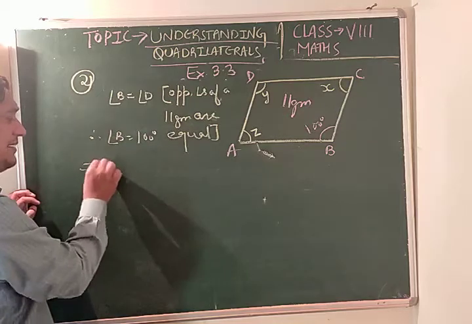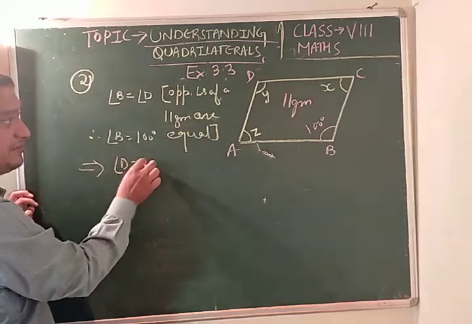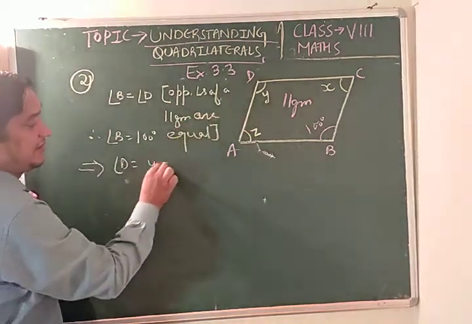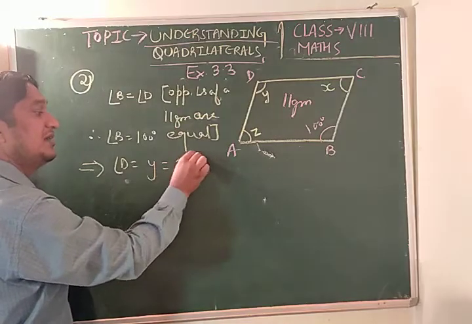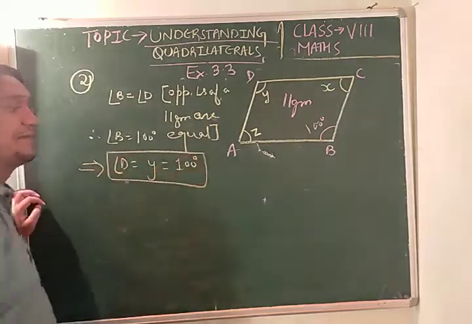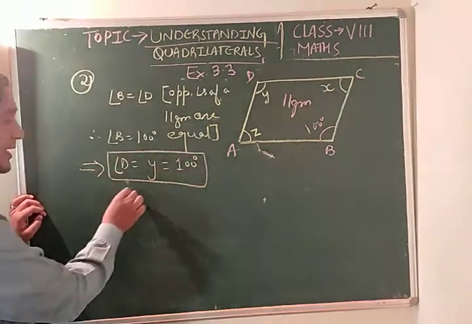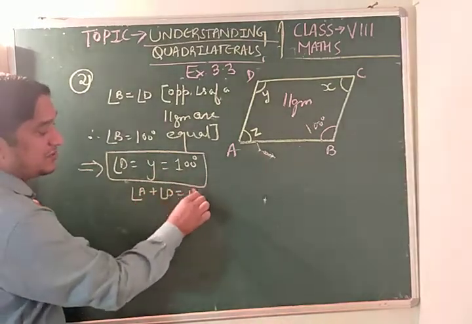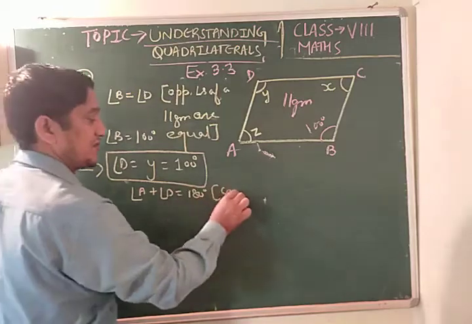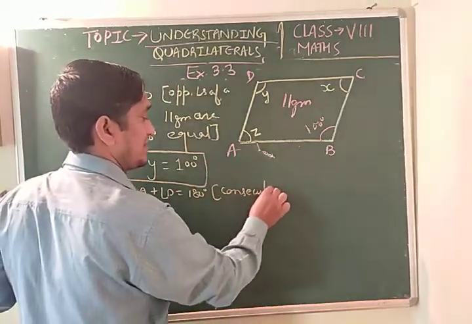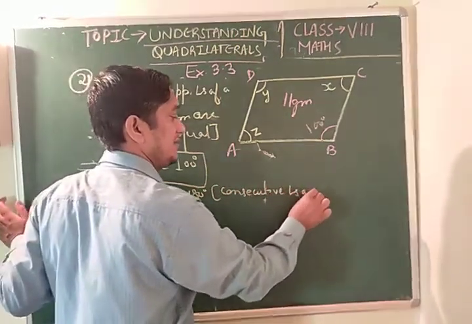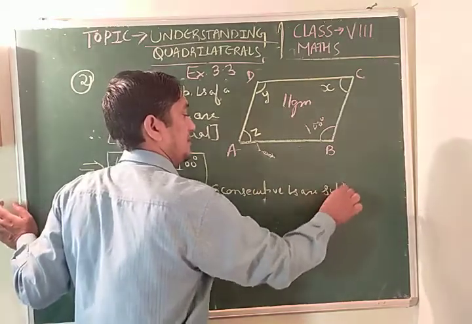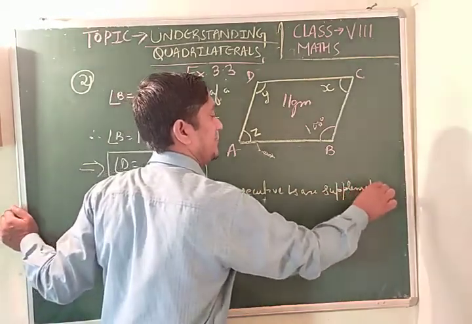It implies that angle D, that is angle Y, is also equal to 100 degrees. Now children, we also know that angle A plus angle D is equal to 180 degrees. Consecutive angles are supplementary.